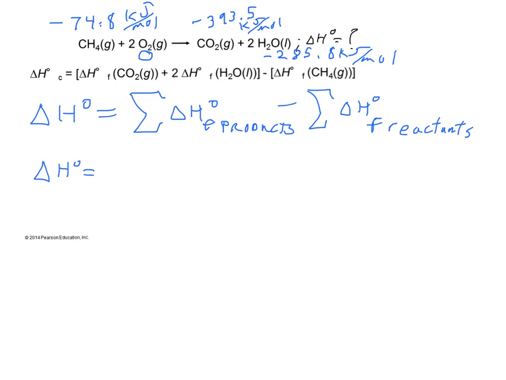If we break it down like your book does symbolically, it's going to be the enthalpy of formation of carbon dioxide plus the enthalpy of formation of the water minus the enthalpy of formation of the natural gas.